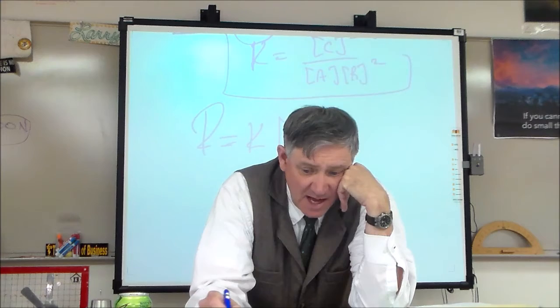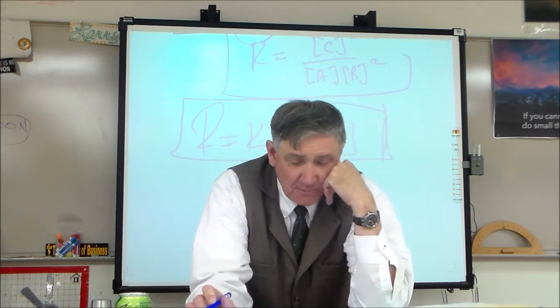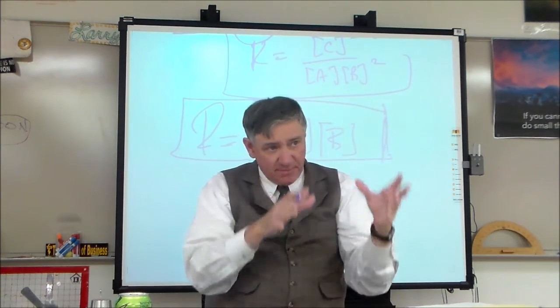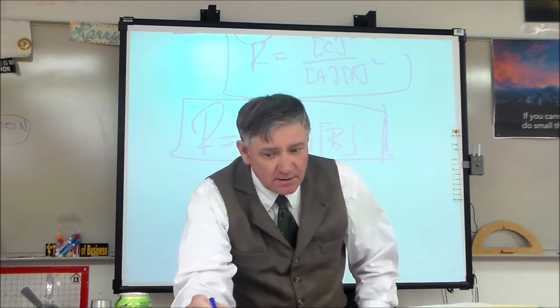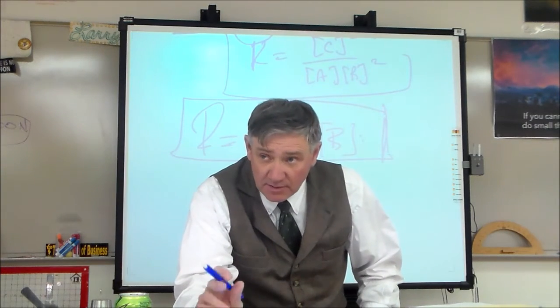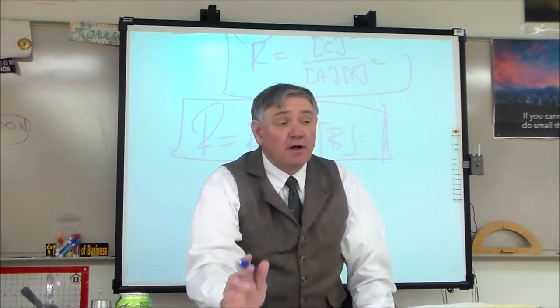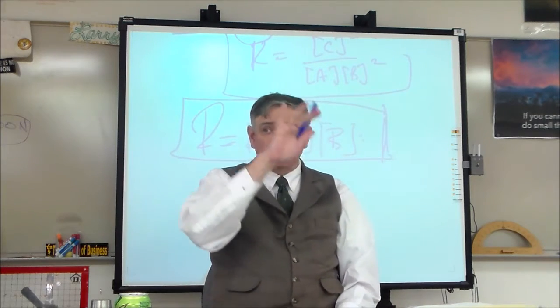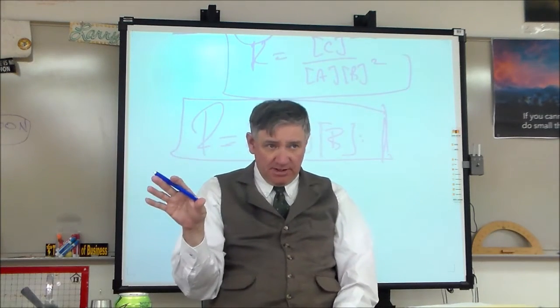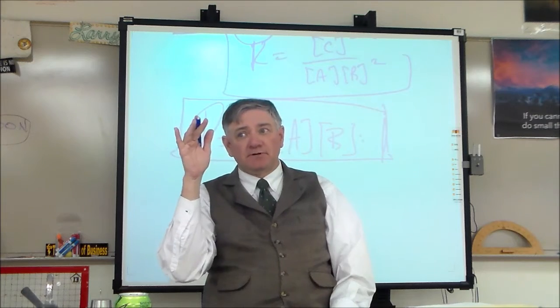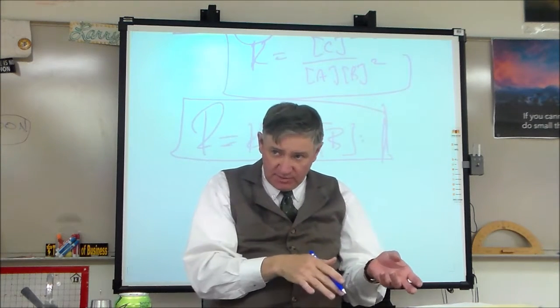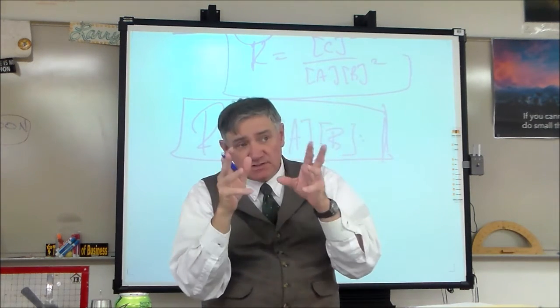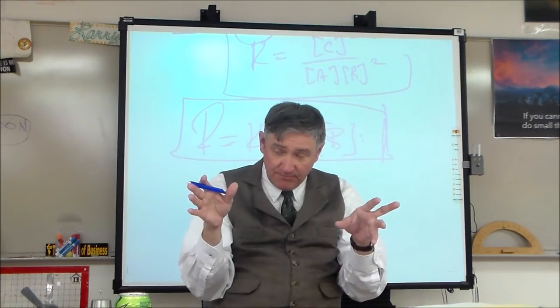But when you look at the actual rate law, based upon the experiments, B doesn't get squared, even though there's a coefficient of 2 in front of it. So that means there's some hidden mechanism taking place that doesn't make it second order with respect to B. That 2 is there in terms of balancing the equation.